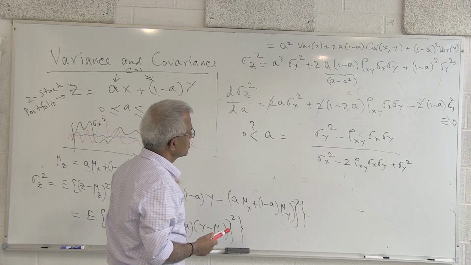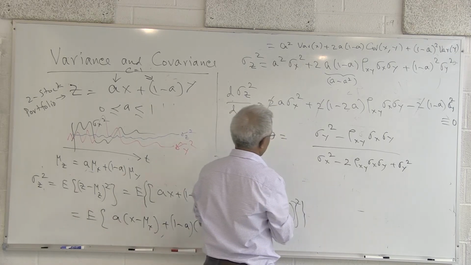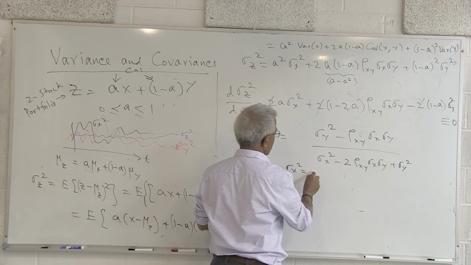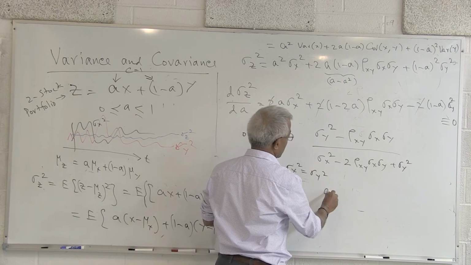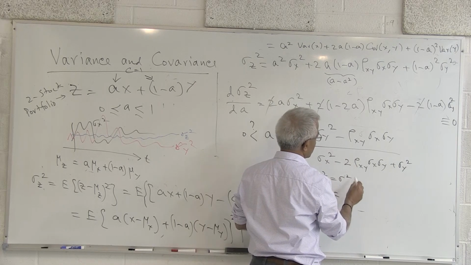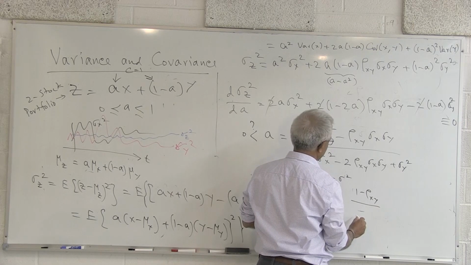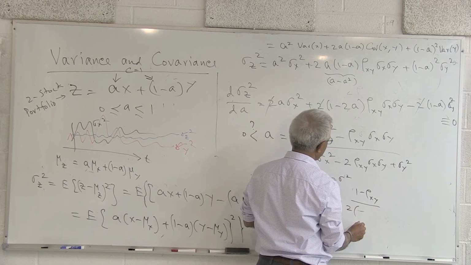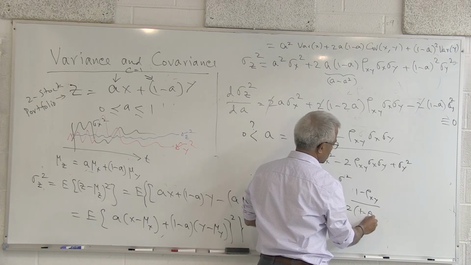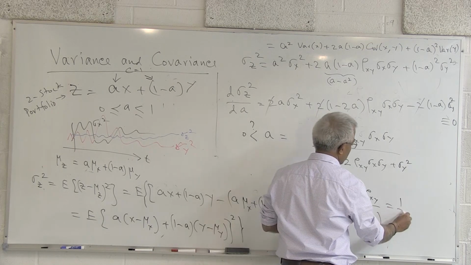So a special case: suppose they are equal variance. For example, if sigma x squared equals sigma y squared, remember, this is equal to sigma squared, then sigma squared goes away, you have 1 minus rho xy over 2 times 1 minus rho xy, and this means half.